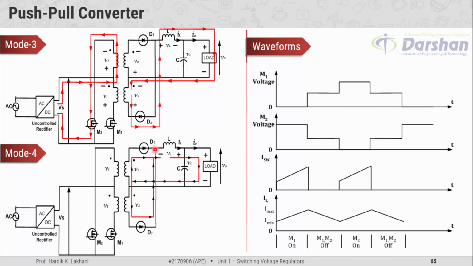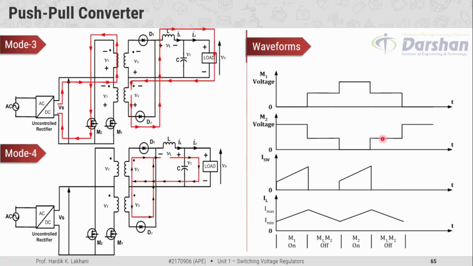After meeting, these two currents, the final current will reach the inductor, and in this interval the inductor provides energy to the load. Because of that, in the fourth interval the current through the inductor decreases from maximum value to the minimum value, and during mode 4 both switches are off, so there is no current flow through the switch.